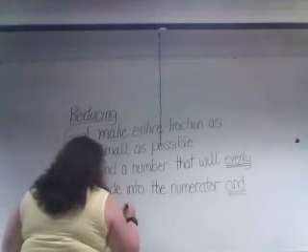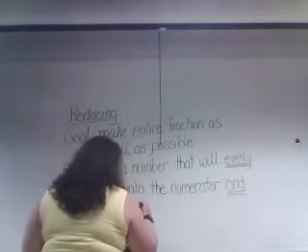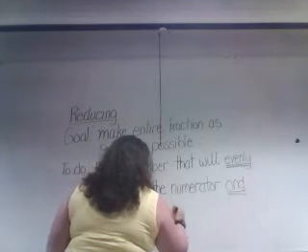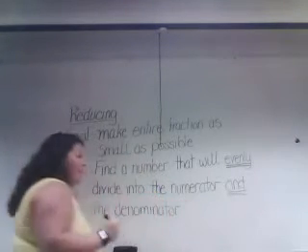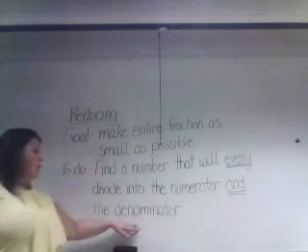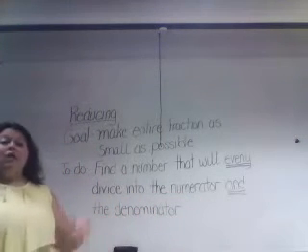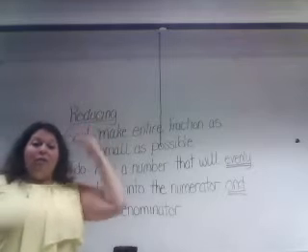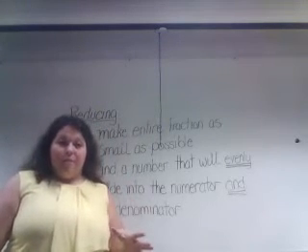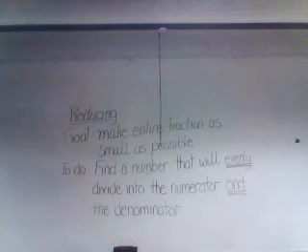So you cannot divide the top number... Sorry, sometimes I can't write and talk at the same time. You can't divide the numerator by 3 and divide the denominator by 4. You have to divide the numerator and the denominator by the exact same number. Okay, so let me get it out of the way so that you can see these notes.